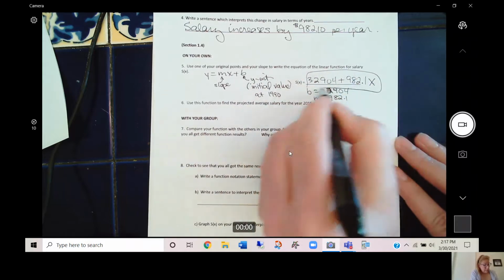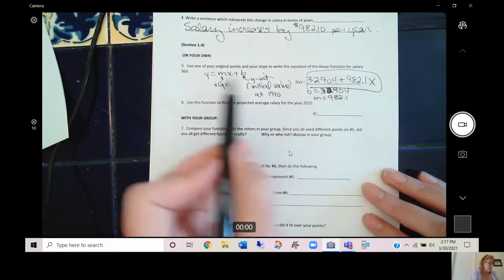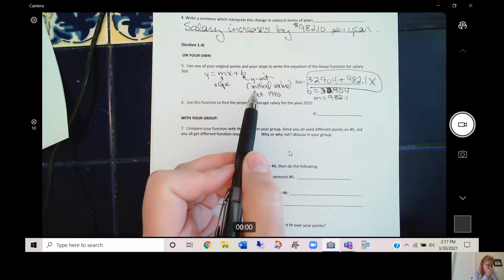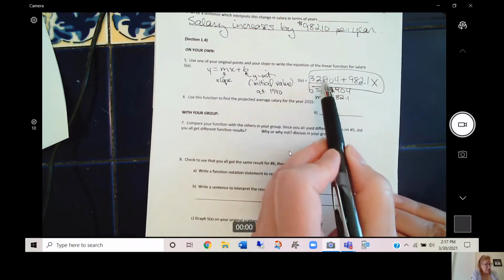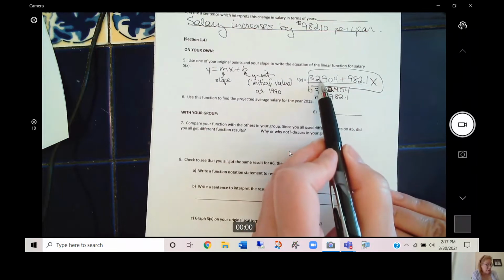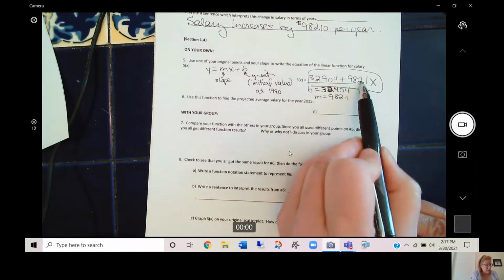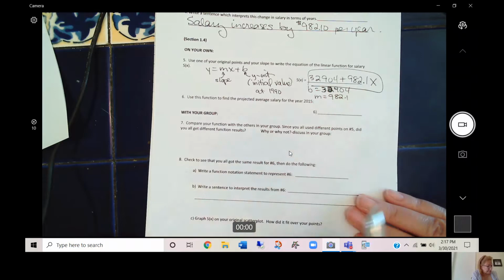And again, if you want to, you can write that x term first, as I know we're used to writing it first. But when we're modeling actual situations, I think it's nice to start with the intercept. The y-intercept is your starting value, and then talk about how much it changes. So the plus means it's increasing. This is how much it increases per each year.